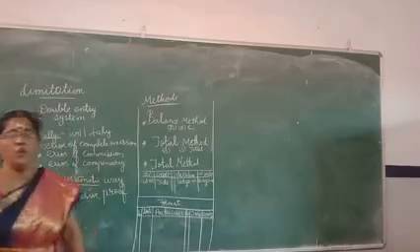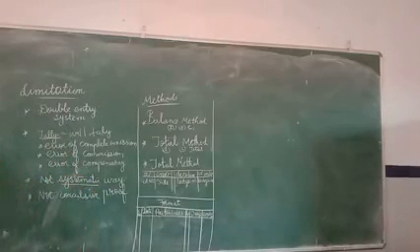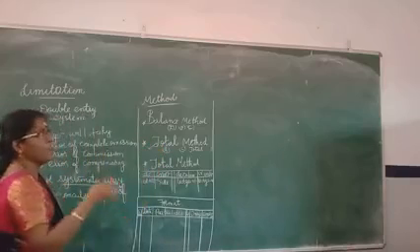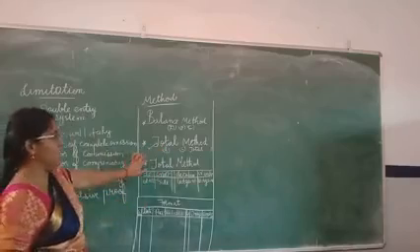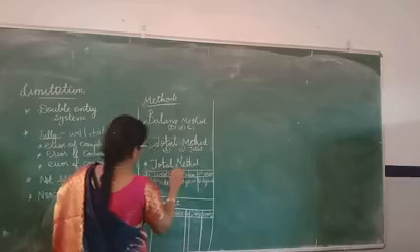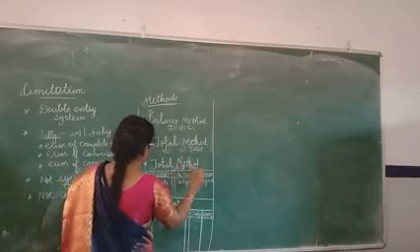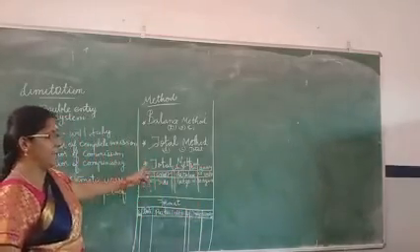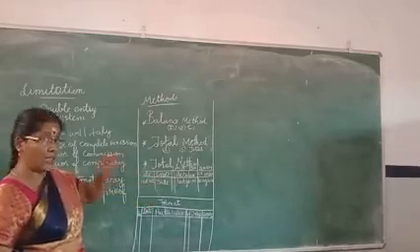Now let us move on to the total method. Under this method, the total amount of the debit side of the ledger account and the total amount of the credit side of the ledger account are ascertained, and these are recorded in the trial balance. This method is not in practice. So, total method and balance method: writing the ledger debit side total and credit side total, total alone.